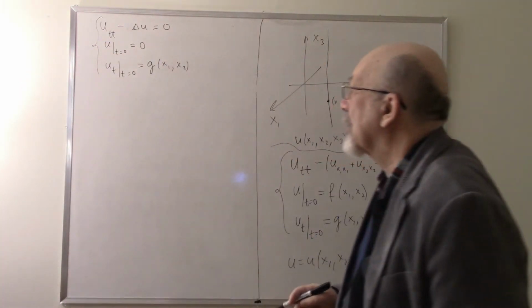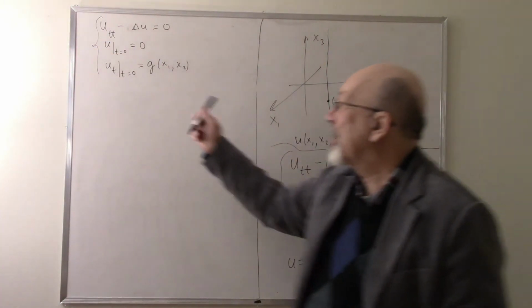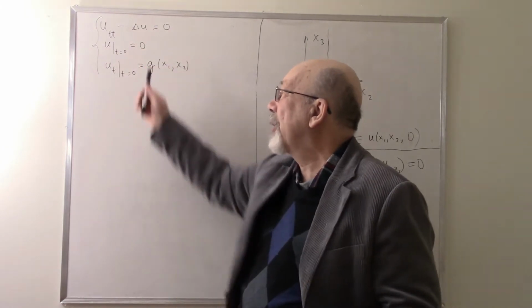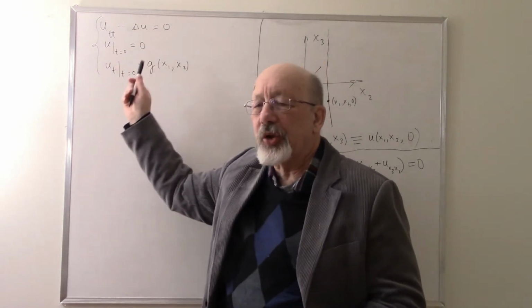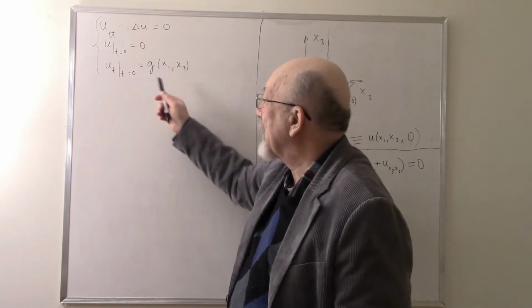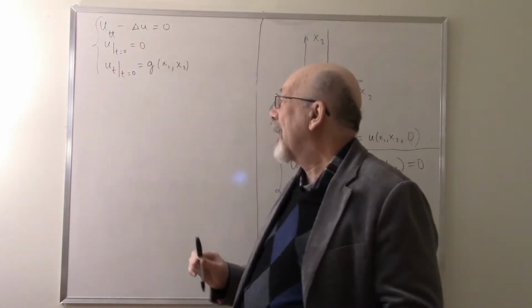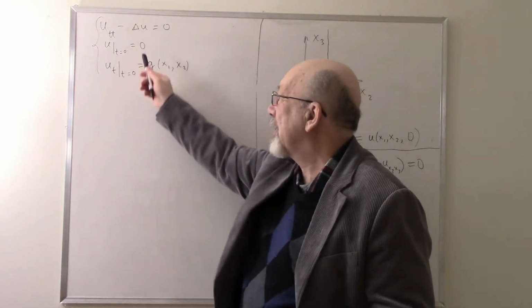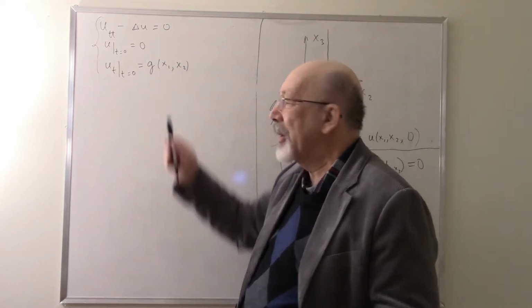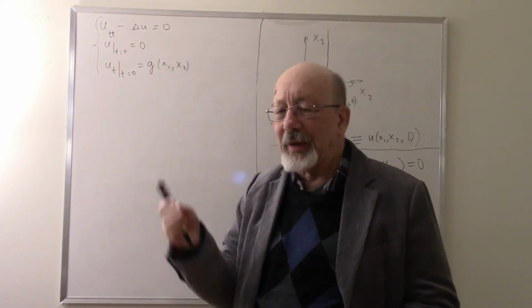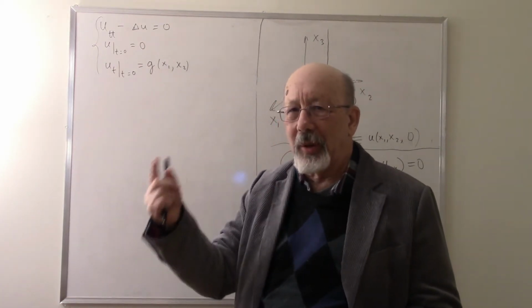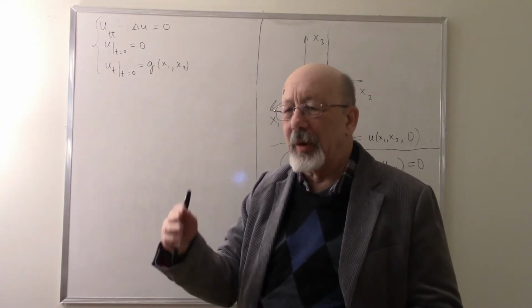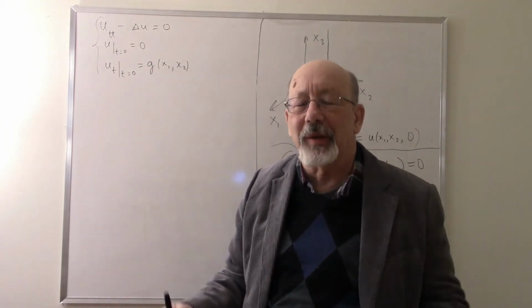Again, this is a full three-dimensional equation, but of the initial conditions one is 0 and the other is this degenerate function which depends only on x1 and x2, though it is in three-dimensional space.